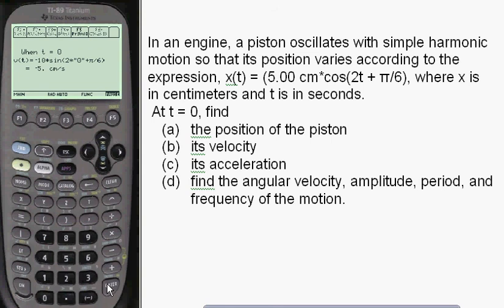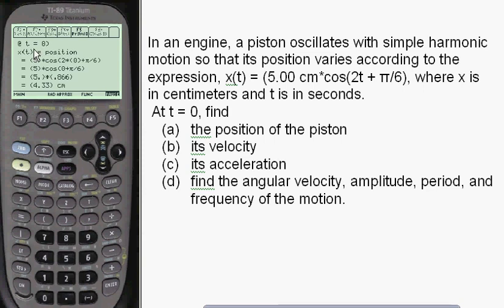That's velocity. Acceleration is the second derivative, which is equal to minus 20 times cosine of 2 times t plus pi over 6. When t equals 0, this equals minus 17.3 centimeters per second squared.